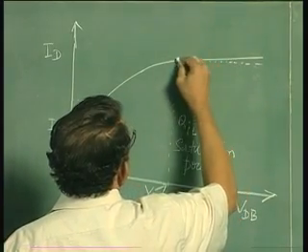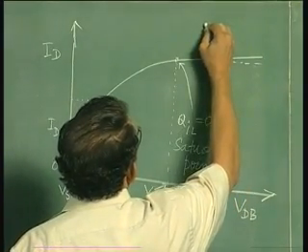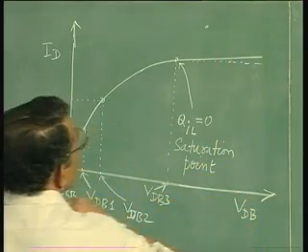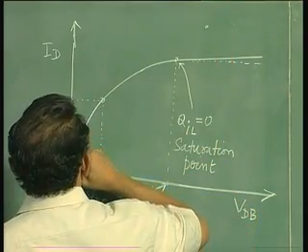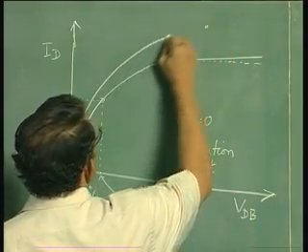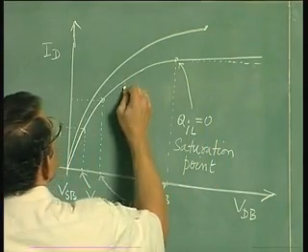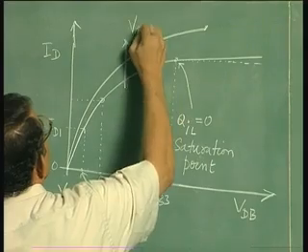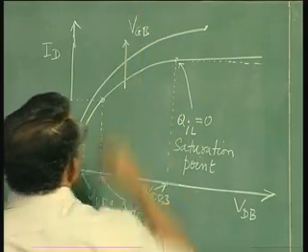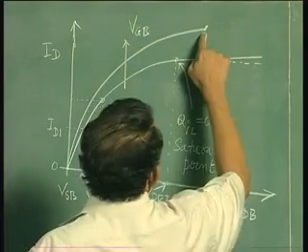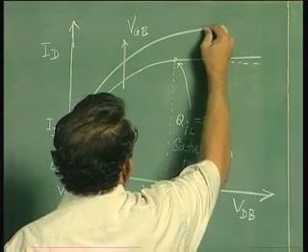So this point will shift up and to the right, something like this. So this is your curve for a higher value of VGB. As your VGB increases, your curve moves up like this and the saturation point shifts to the right.